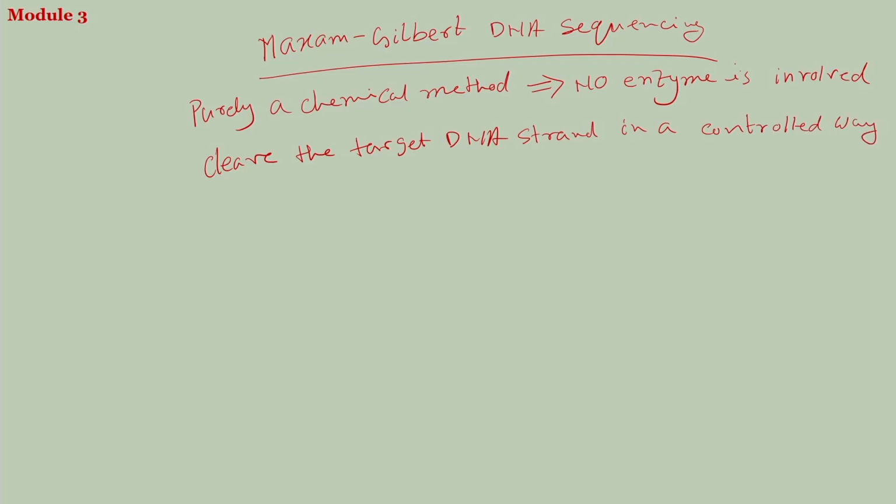So, if you have the target DNA, using chemical treatment you actually break the strand, obviously in a controlled fashion, so that you can have restrictions to certain quantities, that some groups would react under that condition, some other nucleobases will not react under that condition. We will see it shortly.